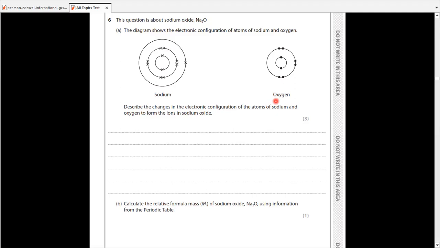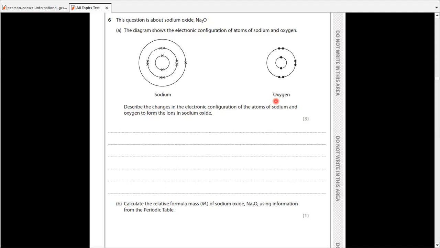Right. So in order to fulfill the outer shell of oxygen, it would require 2 electrons. So 2 sodiums would lose their outermost electron, which would lead to sodium having a full outer shell and oxygen too, for oxygen to gain 2 electrons. Yeah, this completes your answer.